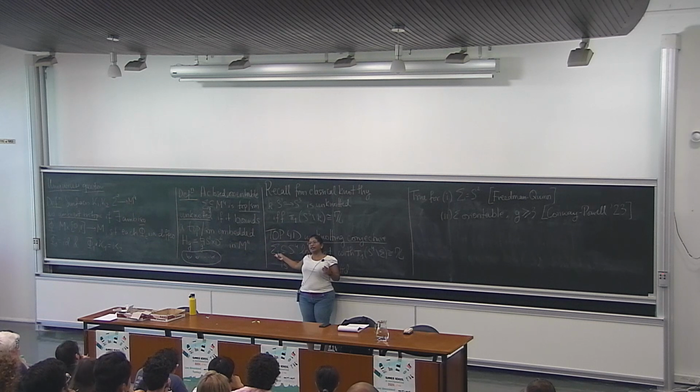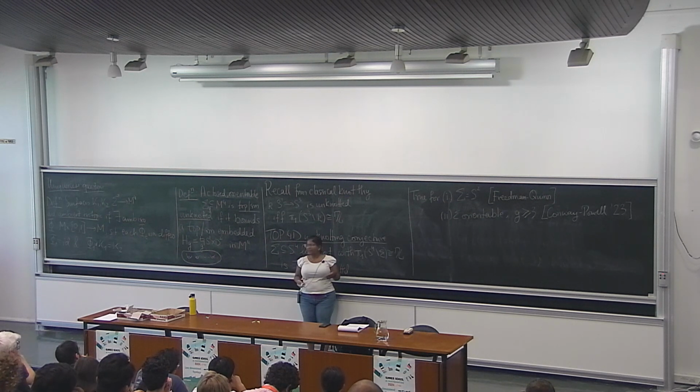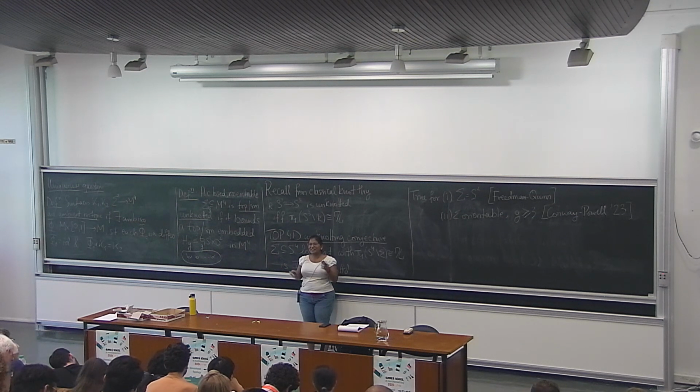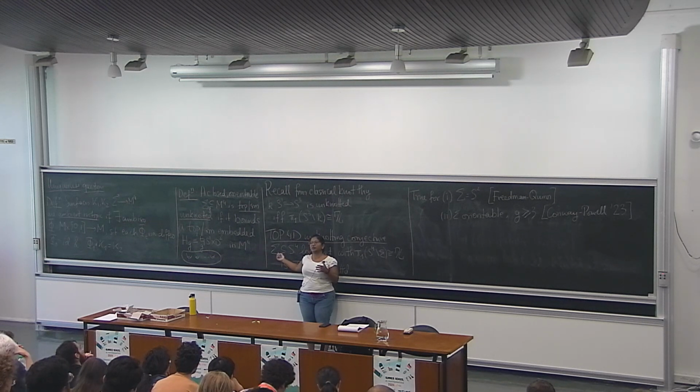But if sigma were non-orientable, you would in fact get H1 is Z mod 2Z. So the simplest pi1 is Z mod 2Z rather than Z. So there's a non-orientable version of this conjecture, and that's also known in certain cases. I don't want to talk about it too much, but there's recent work in this area. Conway, Orson, and Powell worked on this in 2023. Mark Pinkovich worked on it in 2024. These are very recent results about topological unknotting questions for non-orientable surfaces.